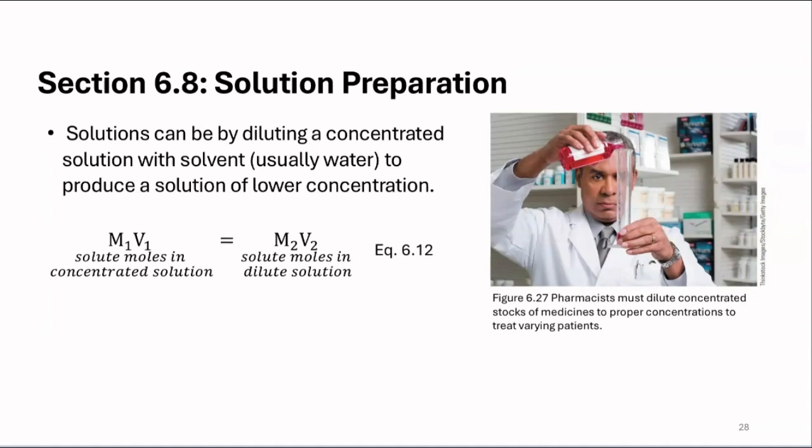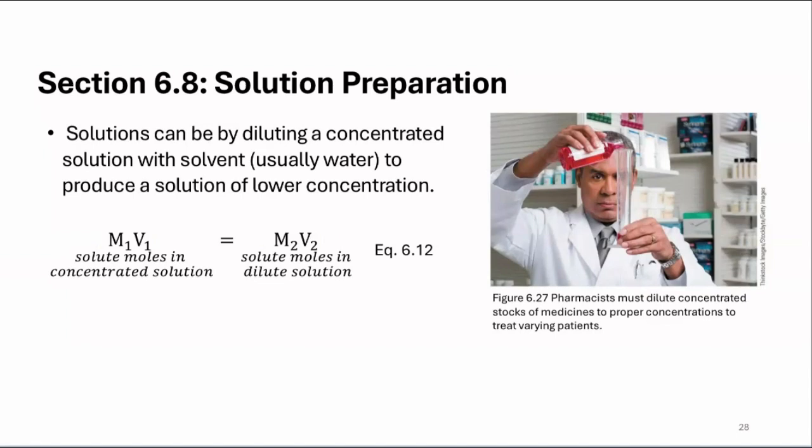When it comes to this, we can utilize a mathematical equation to calculate what is needed to make this diluted solution. The equation utilized, you can see it here on the slide, which is equation 6.12, which in this equation, we're going to have initial molarity times initial volume equals final molarity times final volume.